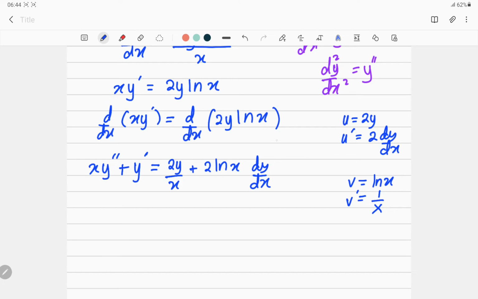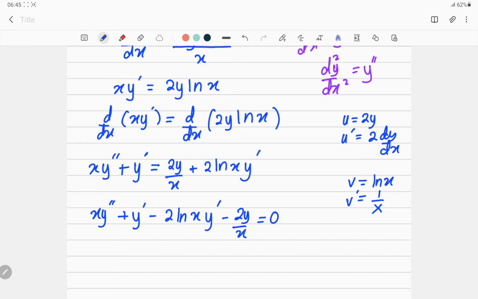This dy/dx, just now I wrote down as y prime. Now we bring all the right hand side into the left hand side. So I can write down x y double prime plus y prime minus 2 ln x y prime minus 2y over x equal to 0.